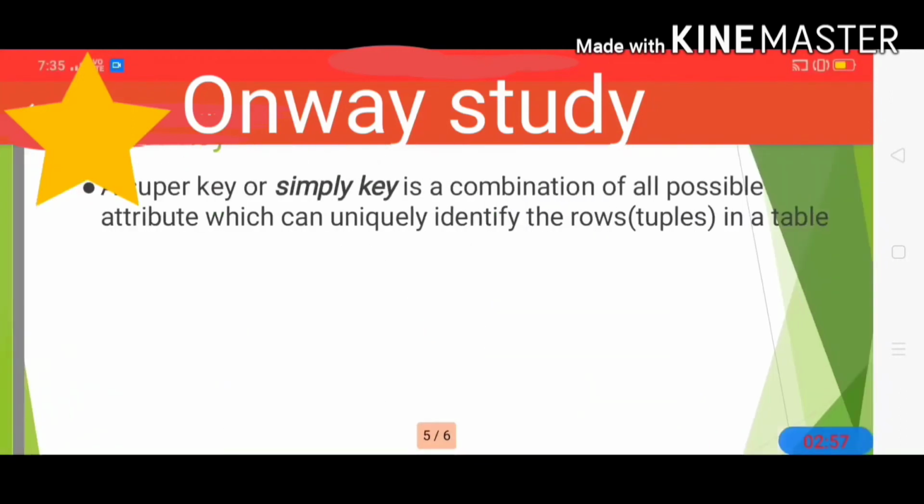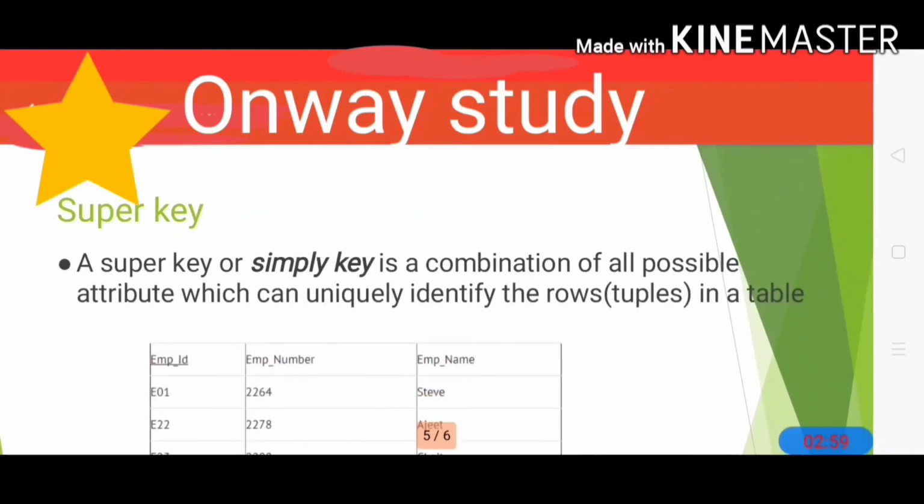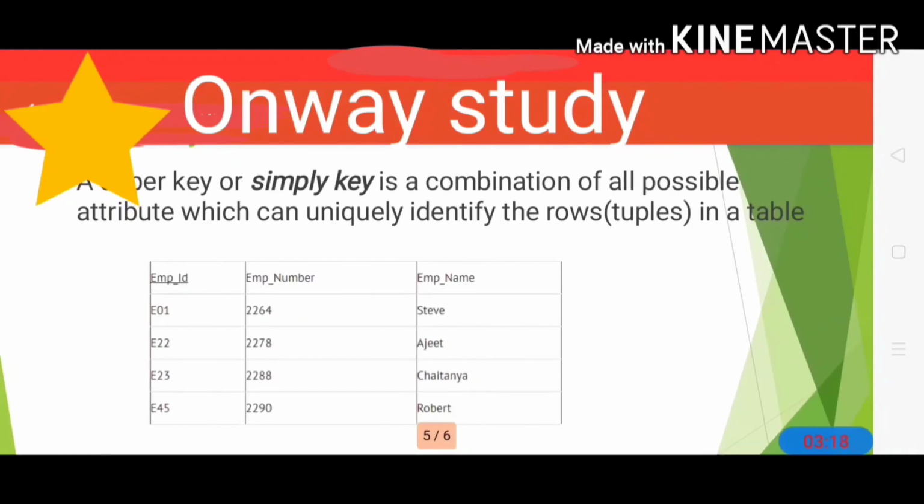Next we see the super key. A super key is a combination of all possible attributes which can uniquely identify the rows in a tuple. Super key means maximal combination of keys. Employee ID, employee number, employee name is a super key.